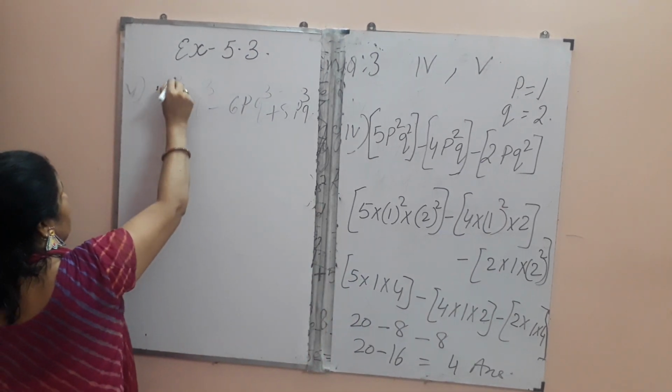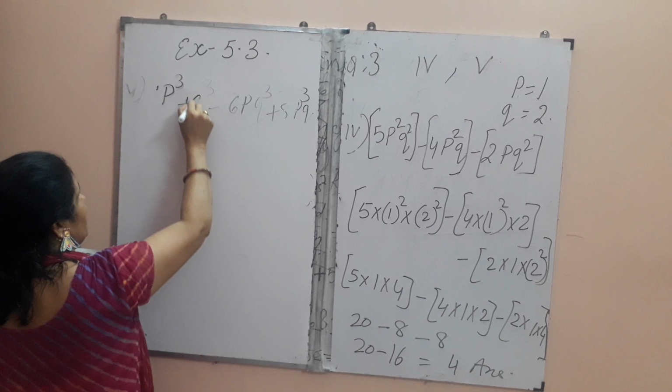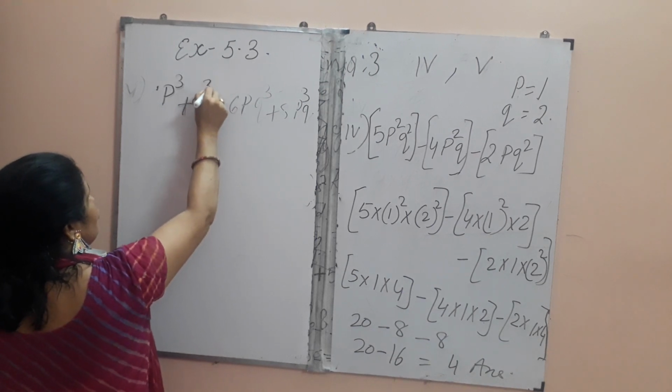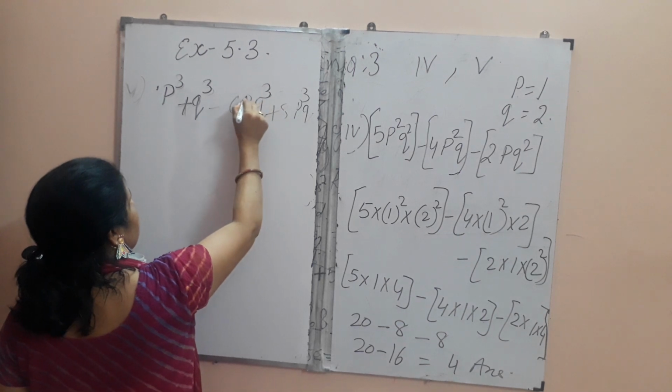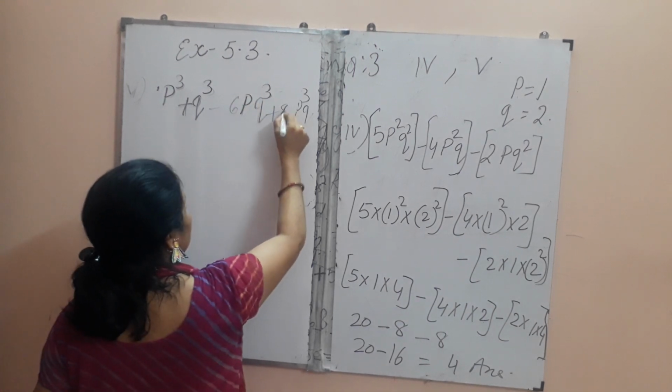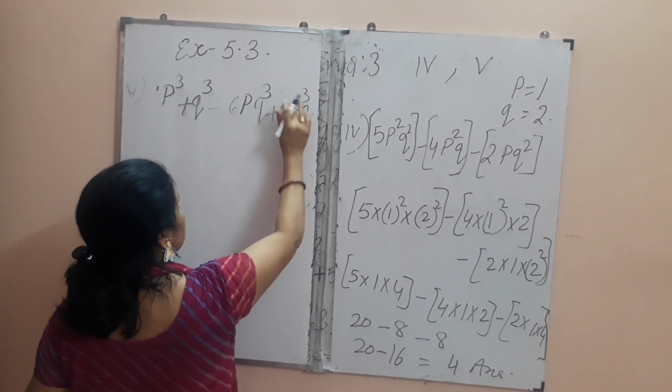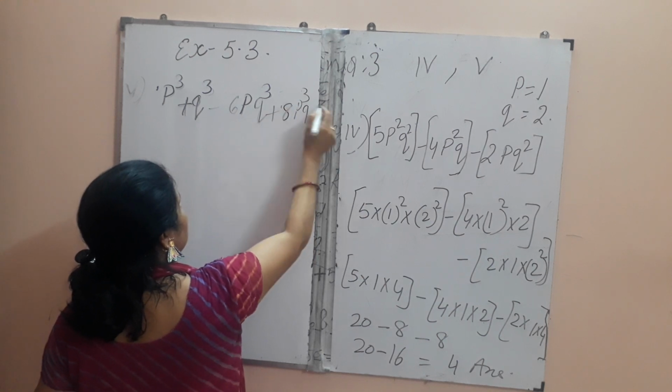So it will be PQ plus Q cube minus 6PQ cube plus 8PQ.